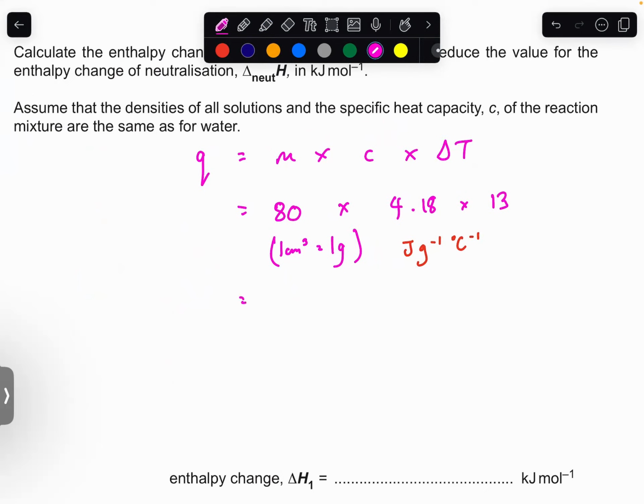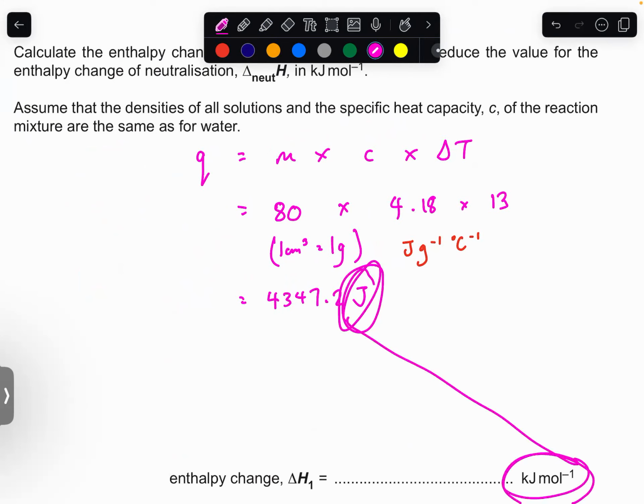That gives you 434.2 joules. You see, we're trying to convert joules to kilojoules per mole. So there's two things we need to do. We need to divide that by 1,000 and divide it by the number of moles of the limiting reagent.